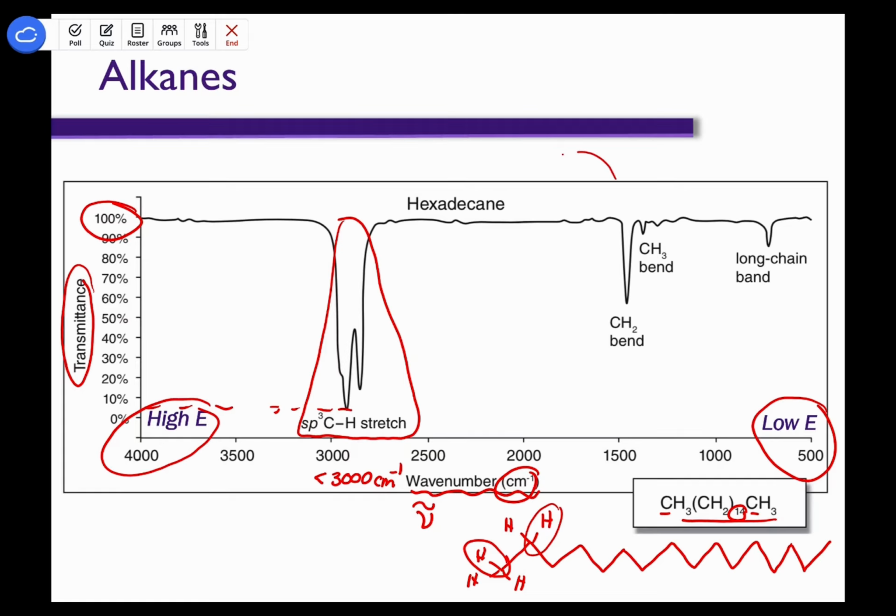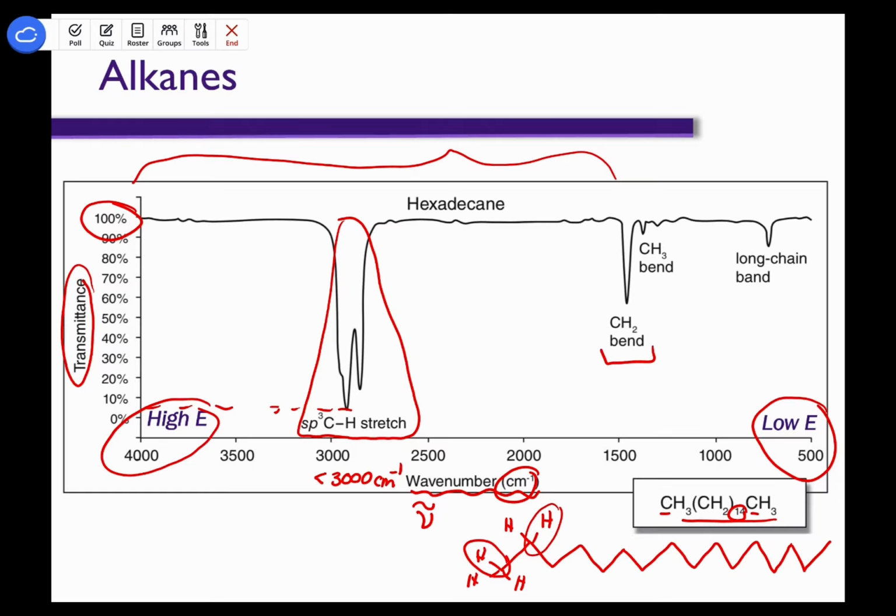We talked about how this region is the diagnostic region or the functional group region. It's usually fairly obvious to identify peaks in this region. Once we get below about 1500, we're in the fingerprint region. And as we go along, you're going to see it kind of turns into a mess sometimes. This one is really clear, so we can actually see some bends.